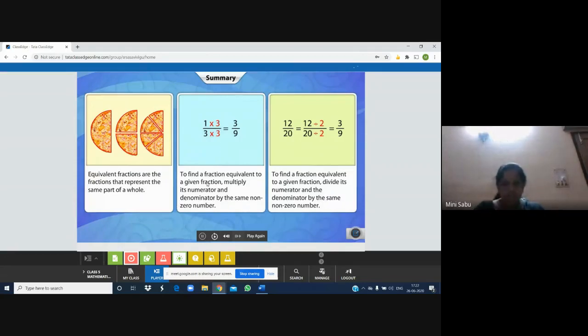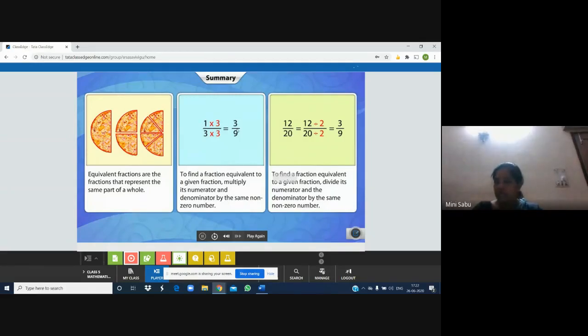This is all about how to find out equivalent fraction by multiplication method. See, one example is shown here. The given fraction is 1 by 3 and they have multiplied the numerator as well as the denominator by the same number to get equivalent fraction.